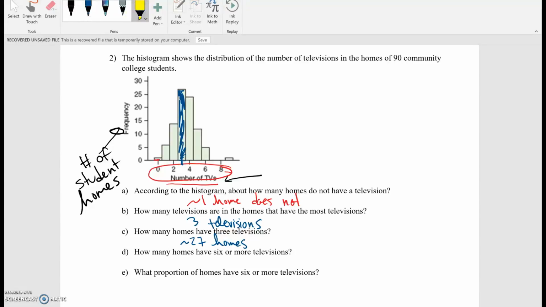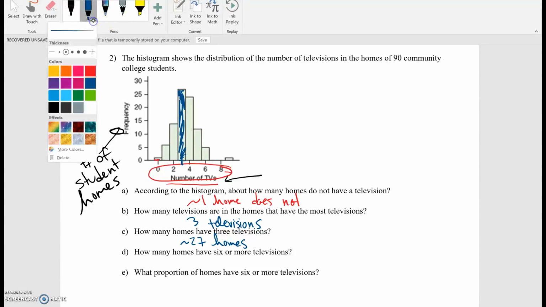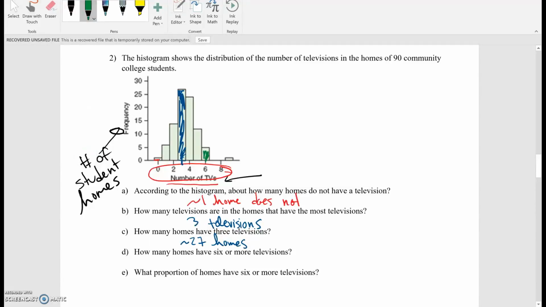Remember, when we're talking about 6 or more, we are including the 6. It seems here there's about 5, and here there's about 1. So 5 plus 1 gives me 6. So 6 homes have 6 or more televisions.